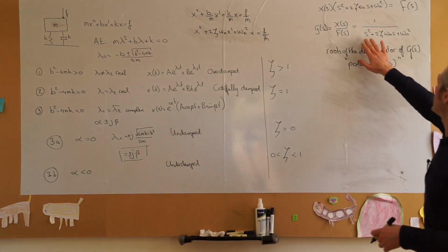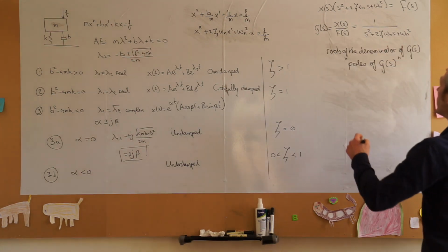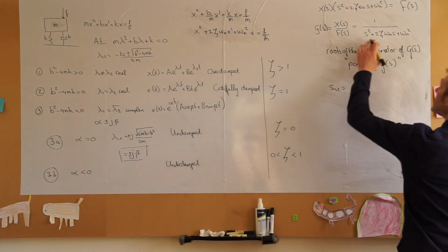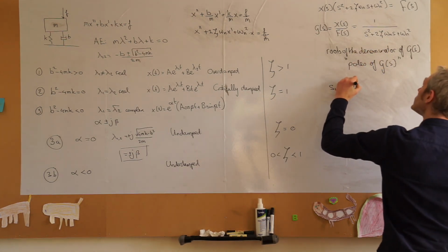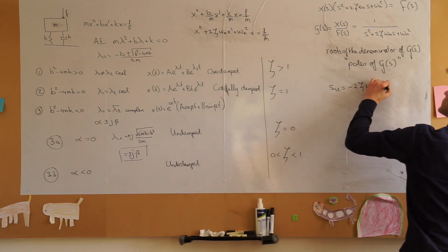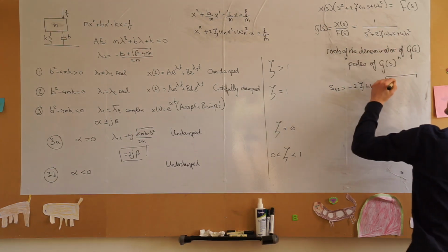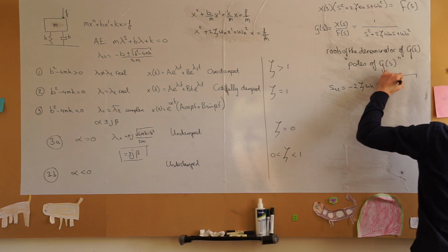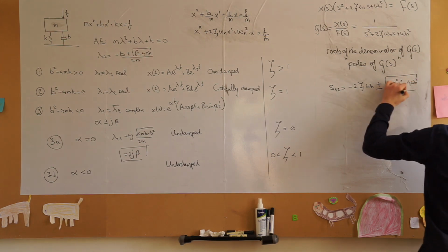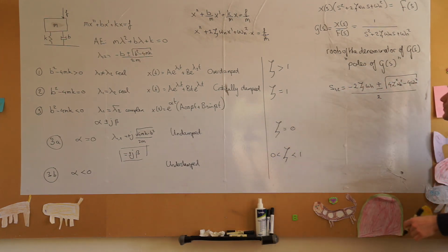And we will see, if we take the roots, s1 and s2, they are minus 2 zeta omega n plus or minus the square root of this term squared, 4 zeta squared omega n squared minus 4 omega n squared, divided by 2.